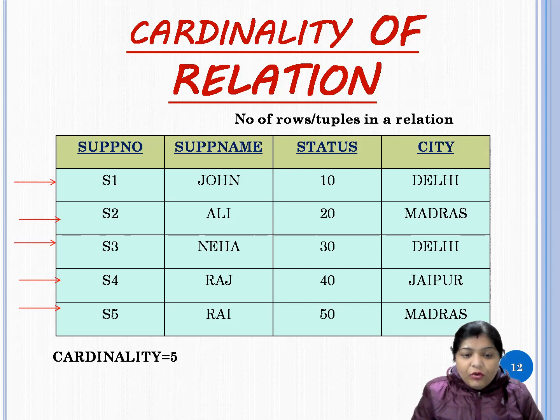Here are 5 rows. It means the cardinality is 5. So this question is very important. What is the degree or cardinality of the relation? Or one table is given to you and you have to find out the degree and cardinality of this table. So this is very much important.